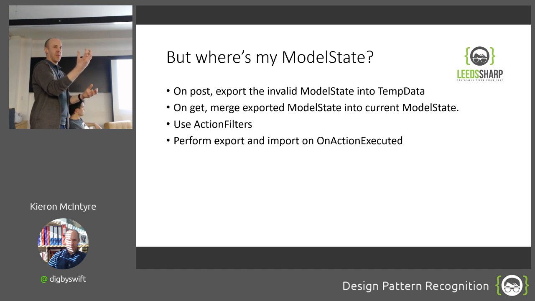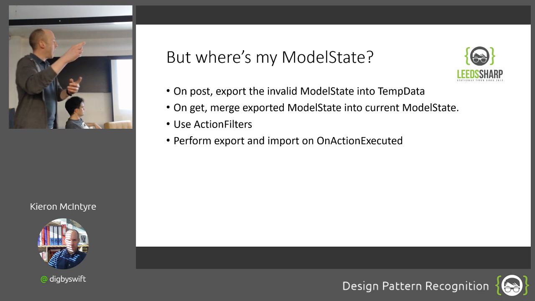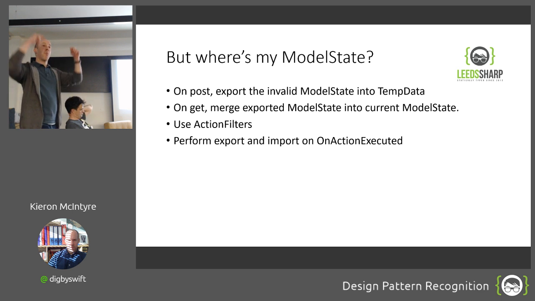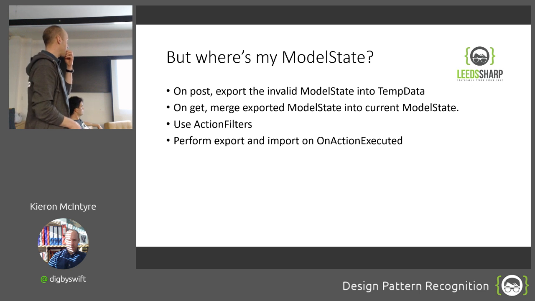At that point, you collect the model state if it's invalid. And on the get, you wait until the get has actually been executed, and then you merge the invalid model state with the model state that is actually being pushed down to the view, which is the perfect time to do it. You don't want to do it before it's been executed, because it might be overwritten by things you're doing in the view.